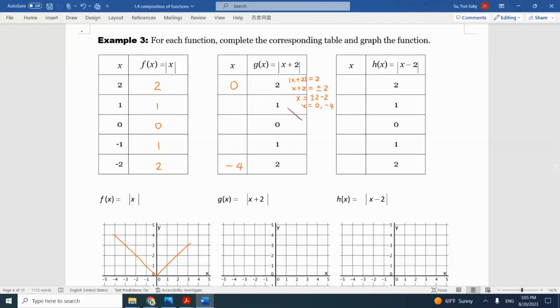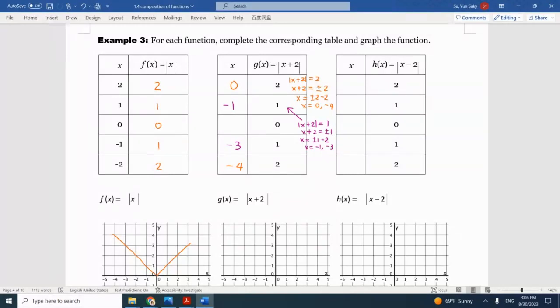Okay, now how about 1? Let's do the 1. So x plus 2 is plus or minus 1, right? x is plus or minus 1 minus 2. So you get 1 minus 2 is -1, or minus 1 minus 2 is -3. So -1 gives you that, and -3 also gives you that.